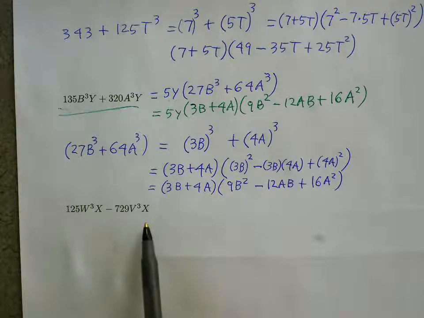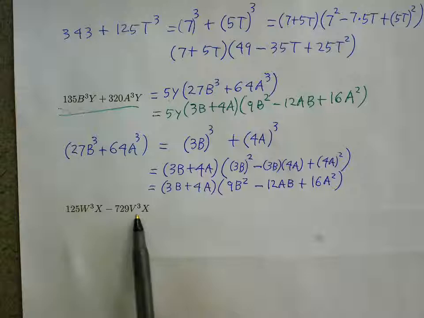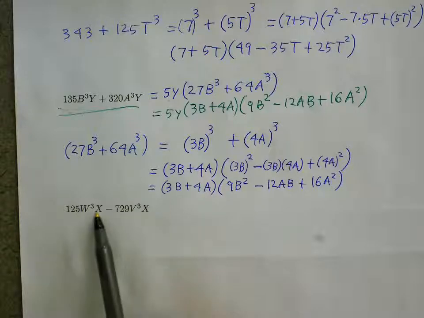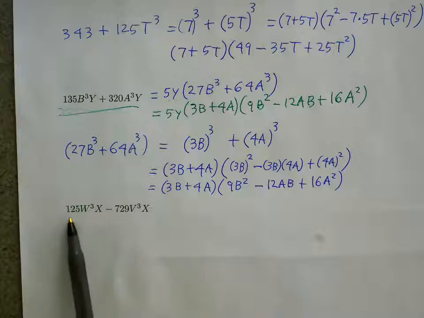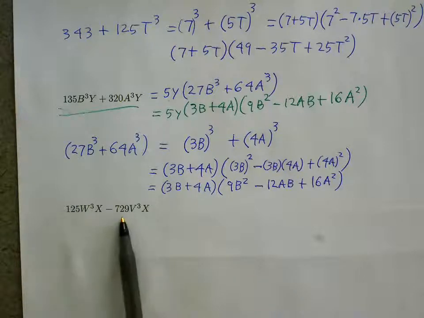So for the variable parts, that's the only variable part that's a common factor to both. What about the numerical factors, 125 and 729? What's the greatest common factor of those two numbers? Would it be 1? Just 1? Yeah, it's just 1.